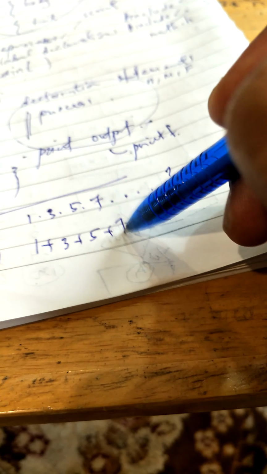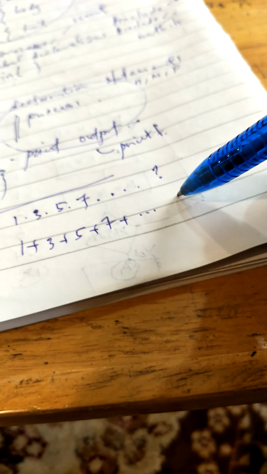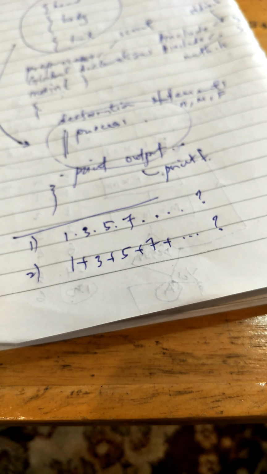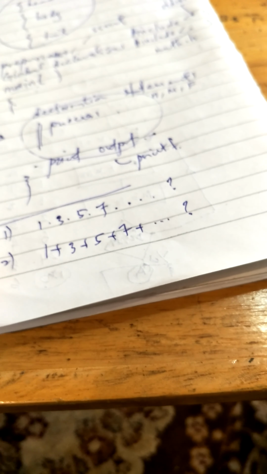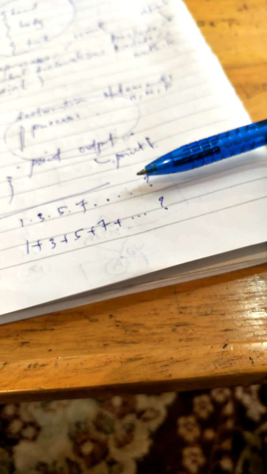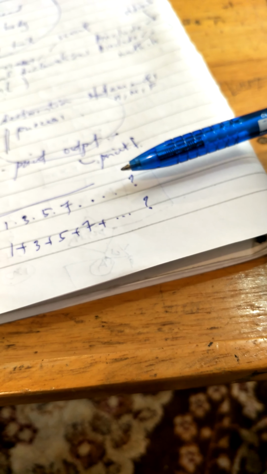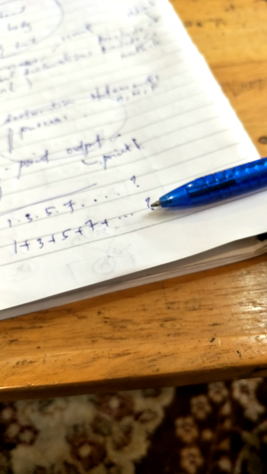That's one, and another one is we do this summation, same with whatever odd number you want. Try to develop the flowchart for these two problems as well as the pseudocode.